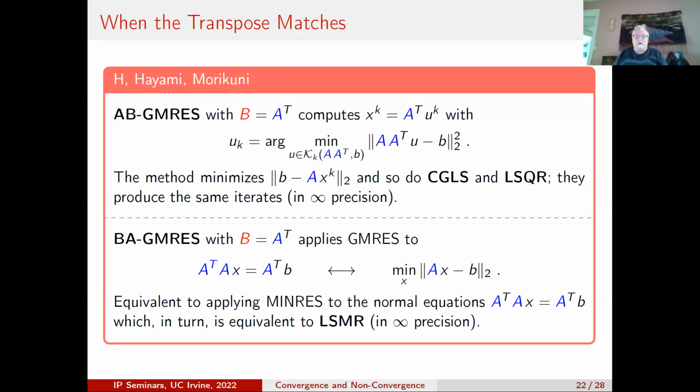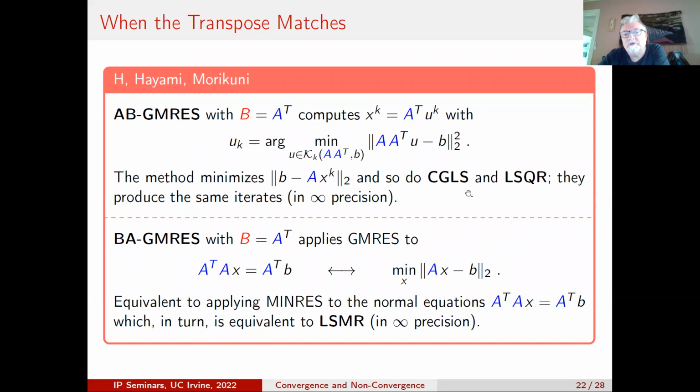Okay, one more slide with some busy mathematics here. The point I want to make here is simply that if you have a matching transpose, so if your B happens to be the transpose of A, then AB GMRES is mathematically identical to CGLS or LSQR.